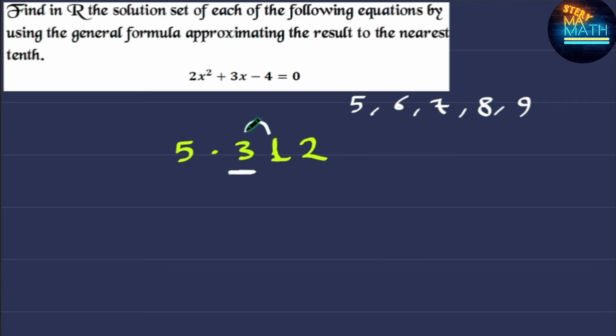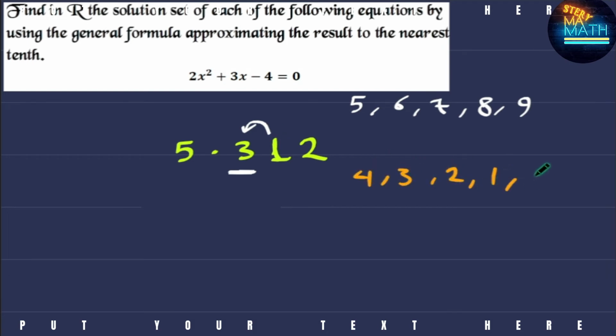I mean that you will add 1 to the tenth place. And if that digit on the right is less than 5, I mean 4, 3, 2, 1, or 0, that means you round down. I mean that you will keep 3 as it is.